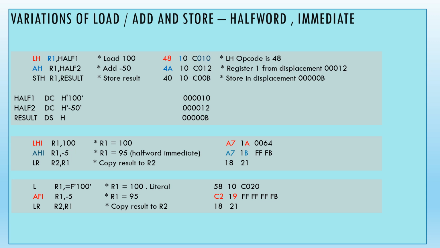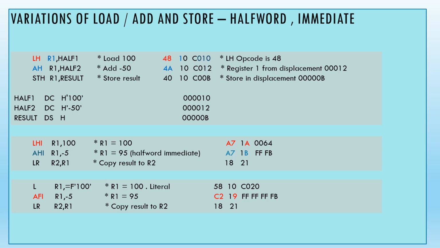It is telling me that this address is in such and such place. But how is it telling? It is telling that the starting point of the program is loaded in register 12, so I will put it as C. From there, what is the displacement? Of1 is at 10, of2 is at 12, and the result is at 0B. So it is showing those things. You will understand as we progress.